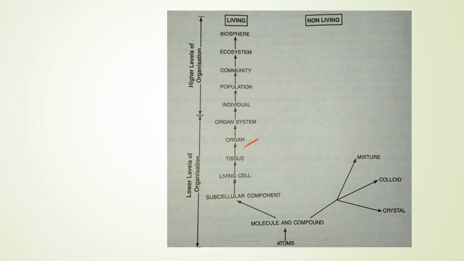So these are organs. What is an organ system? A group of associated organs makes an organ system, like the circulatory system, which consists of the heart and the renal region, meaning the kidney.